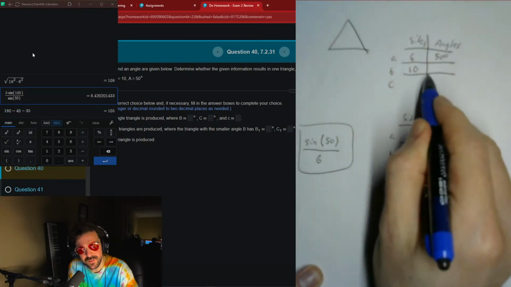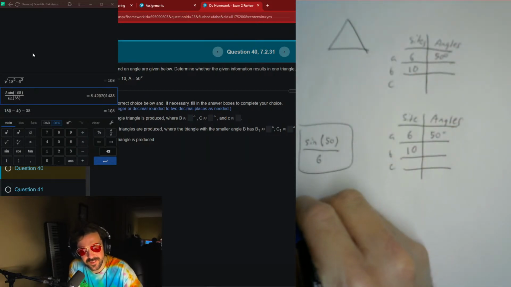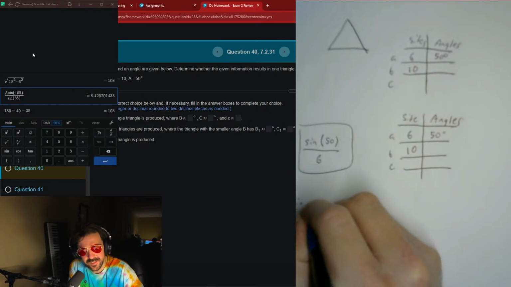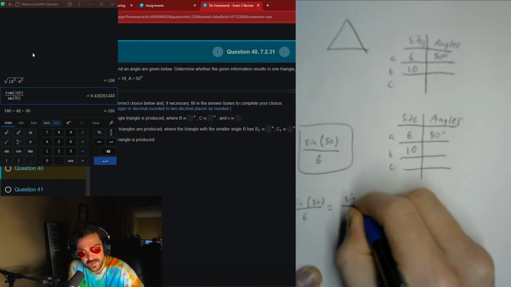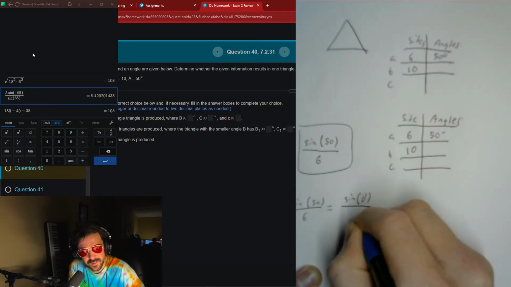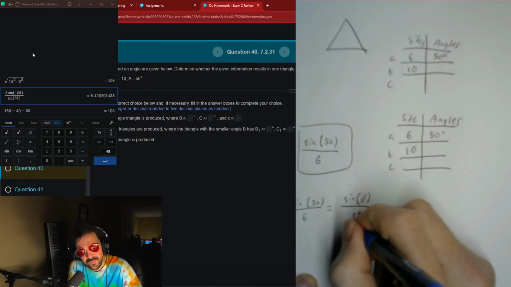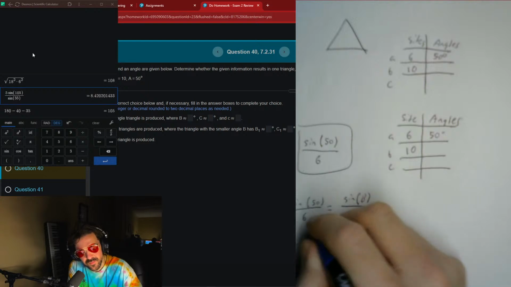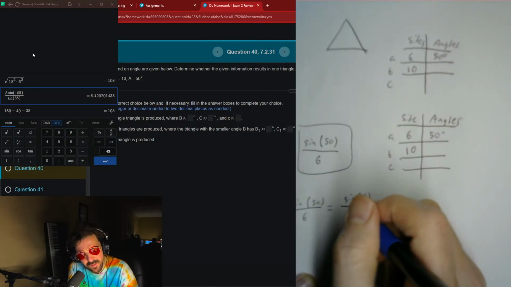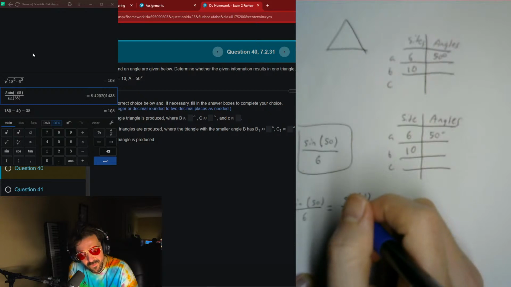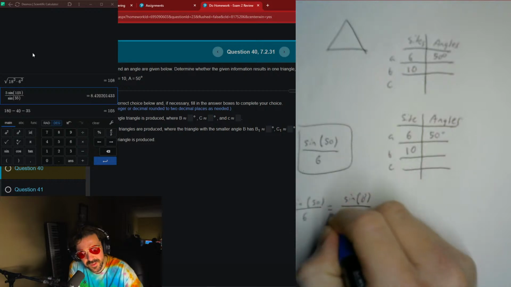So for this equation for B, to find the first angle, we're doing sine 50 over 6 is equal to sine B over 10. So we're gonna times 10 over 1. And then we're gonna put that in an inverse sine.